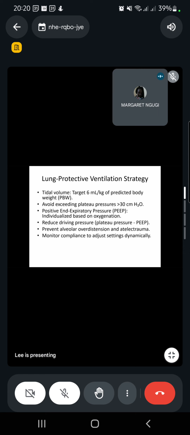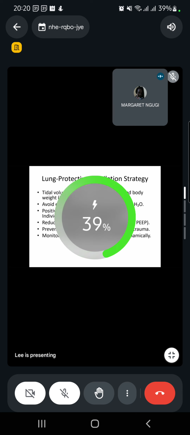When you're ventilating this patient, your goal is to reach a saturation of 88 to 95, and the patient also has increased work of breathing. Because of ARDS you have hypoxemia, and your goal is a partial pressure of oxygen between 55 and 80. Those are your goals.